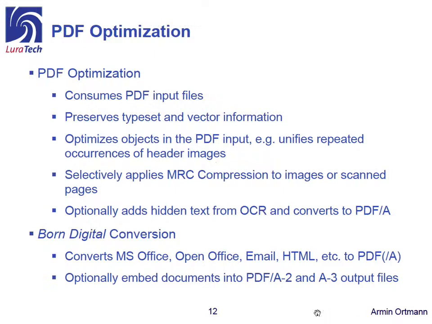And of course, with PDF-A3, you can also embed the original versions of Office documents. So if someone says, well, I would like a PDF-A representation of my Word file, but for some reason I would also like the Word file or the Excel spreadsheet still to be in there, you can add it as an embedded document in PDF-A3, which actually really, again, does not make much sense when doing MRC compression, okay?